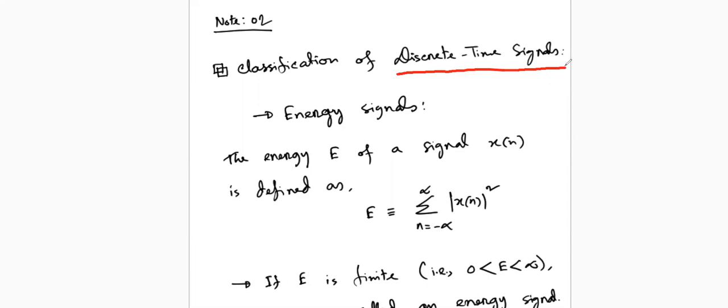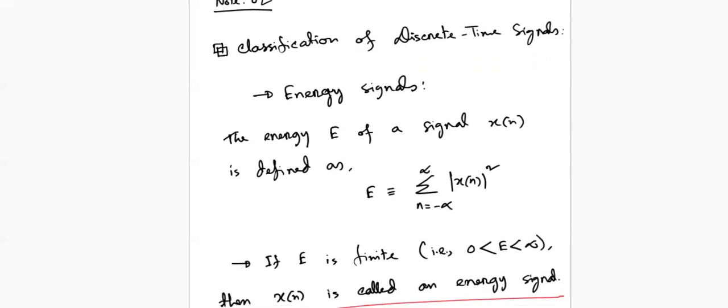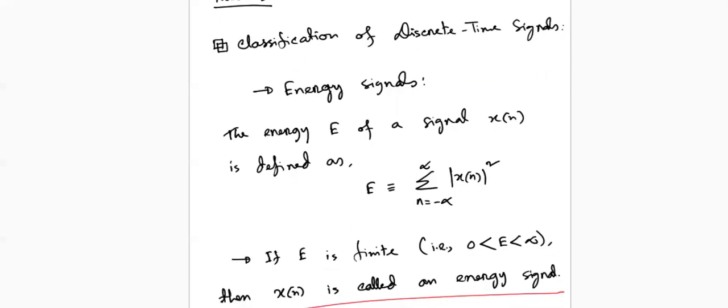As there are classifications of continuous time signals, there are classifications for discrete time signals as well, though most of the terms are very similar to the continuous time signals. So I believe that most of the terms are very much known to you. Still, I want to recall those terms so that you have a better understanding and a clear idea from the graphical representation point of view as well.